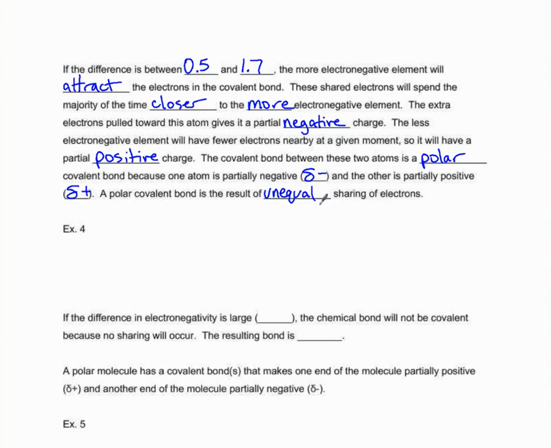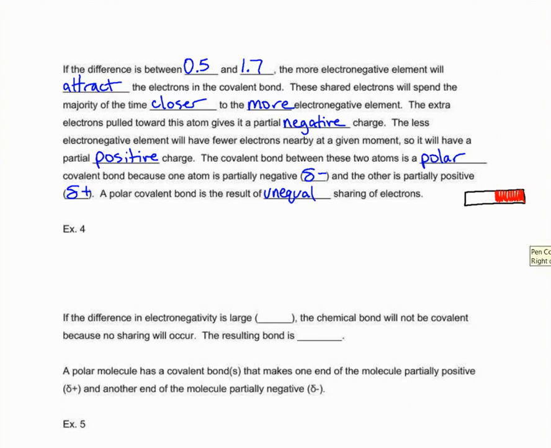So if you wonder why this is called polar, and you understand that it has a positive and a negative end, a partial positive and a partial negative end, you might think of something like a magnet, which has a north end and a south end. It has two poles.